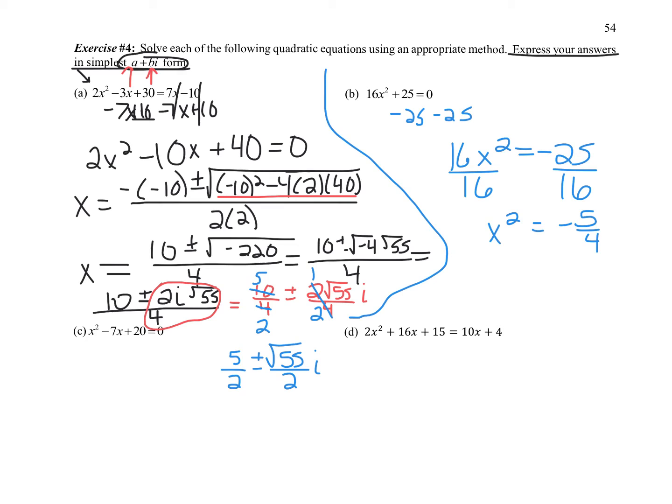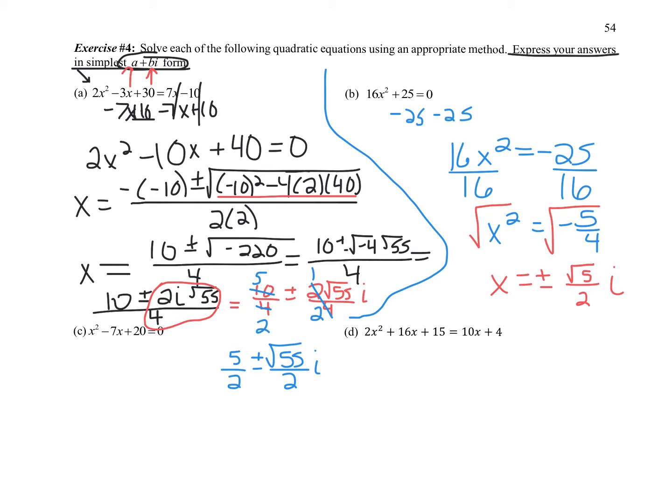So I can already tell when I take the square root of both sides that I'm going to have imaginary answers. So I get x equals, don't forget your plus or minus. Basically, we have the square root of 5 on the top over 2, and then the i is going to go at the end for that a plus bi form.